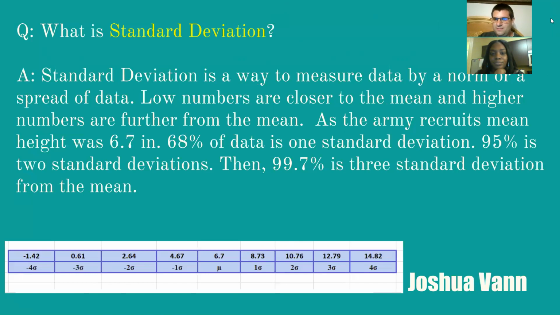As the Army recruits' mean height was 6.7 inches, 68% of the data is within one standard deviation. 95% is two standard deviations. Then 99.7% is the third standard deviation from the mean.